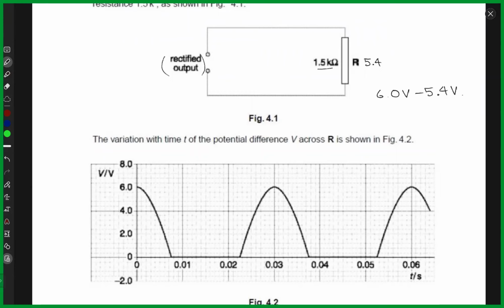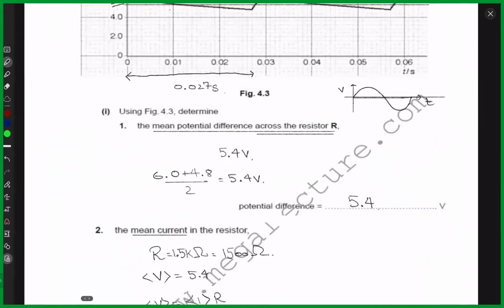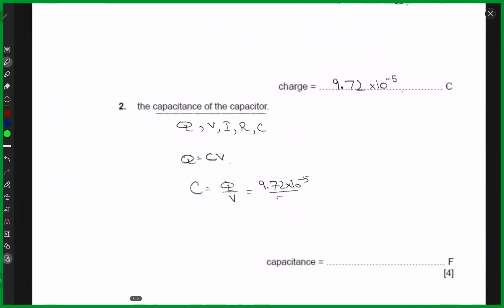Oh, if it's in parallel, then it's also going to be 5.4 volts, right? Because you connect the capacitor in parallel when you want smoothing, right? So let's go back here, and it would be 5.4, right?